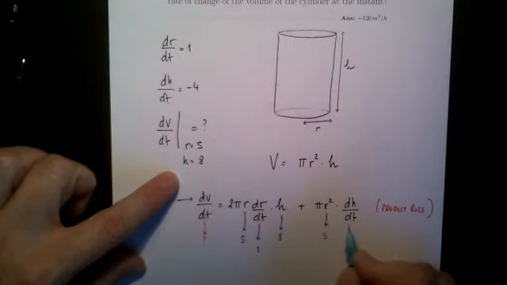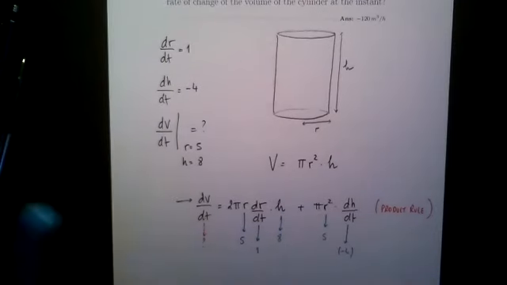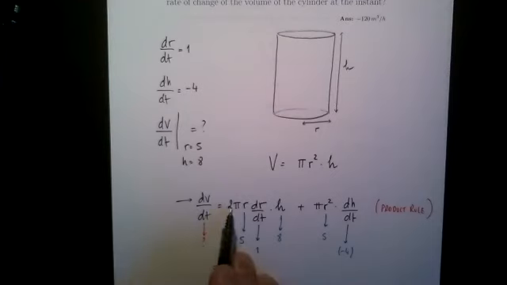This is 5, and dh/dt is -4. And that's it. So 8, 40, 80 pi, minus 20, so 25, 100 pi.